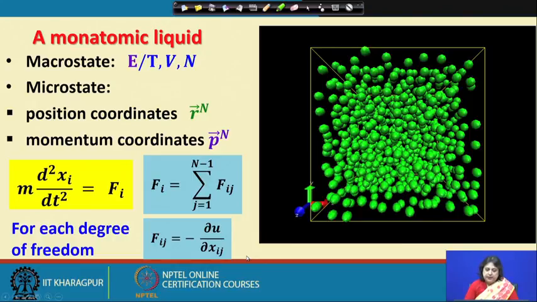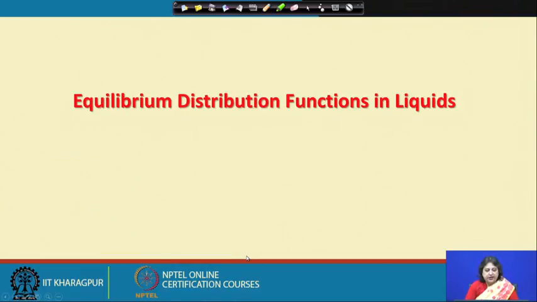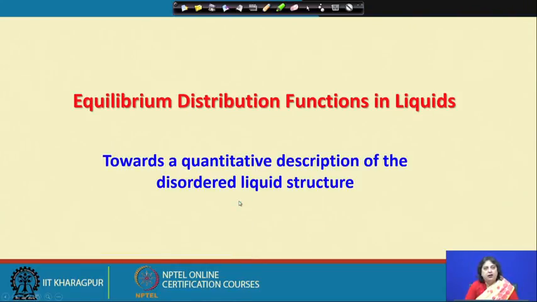Okay. So, basically then in the configuration space, we are trying to develop a quantitative description of the disordered liquid structure, and this is done in terms of an equilibrium distribution function in liquids, knowing that I have at hand, under a given condition of TVN, a very large number of microstates.